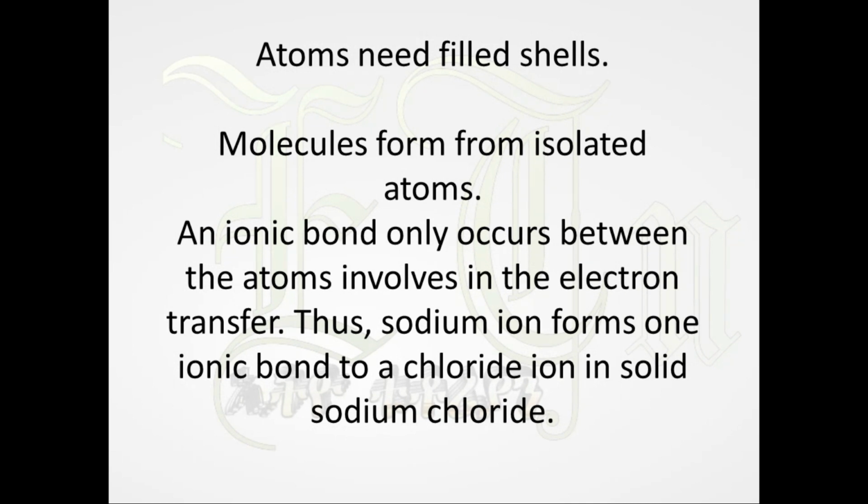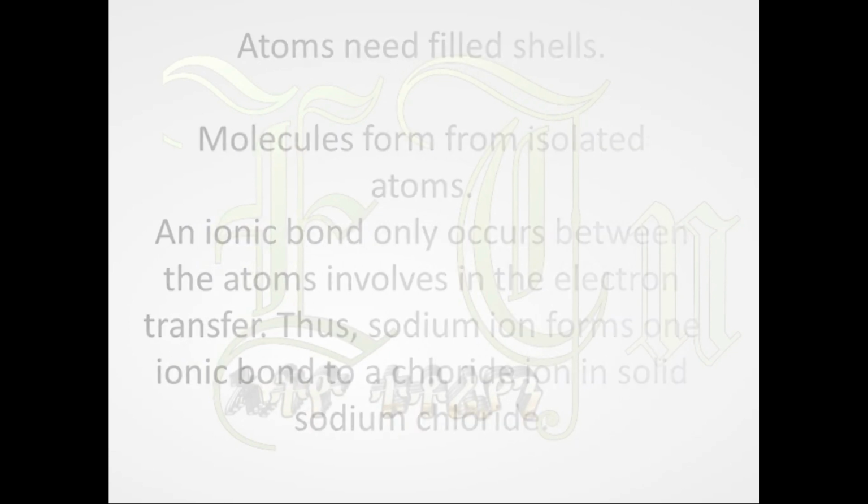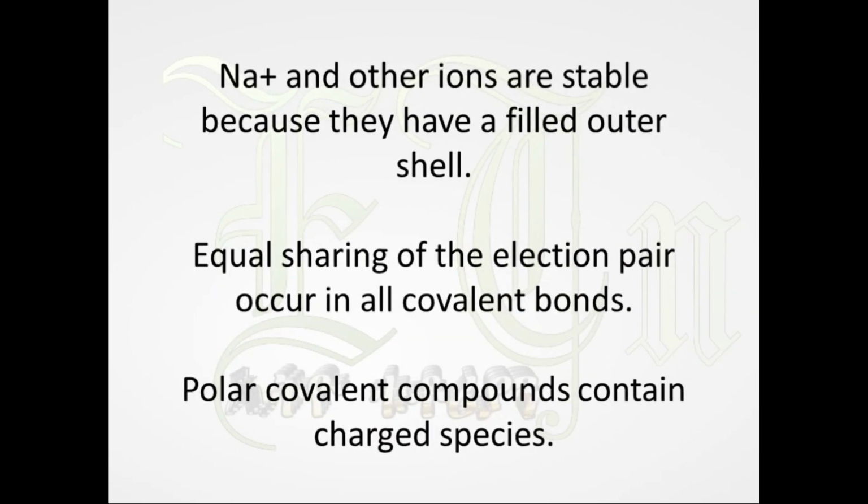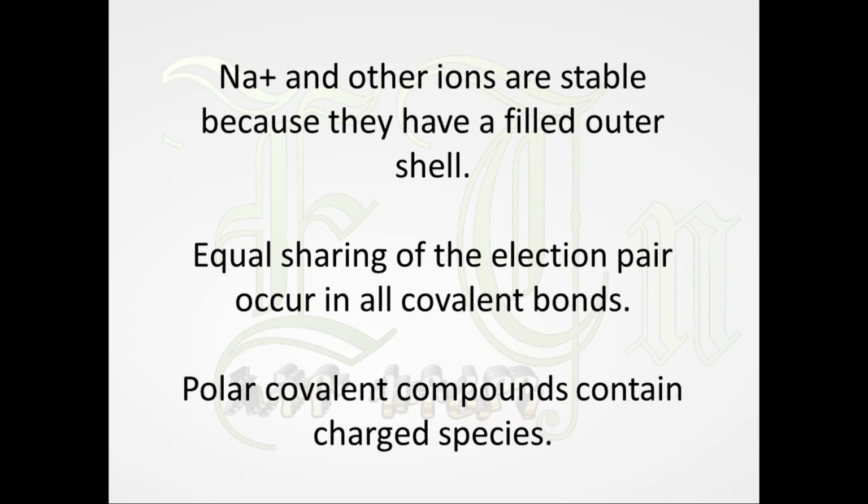An ionic bond only occurs between the atoms involved in the electron transfer. Thus, a sodium ion forms one ionic bond to a chloride ion in solid sodium chloride. Na+ and other ions are stable because they have a filled outer shell.